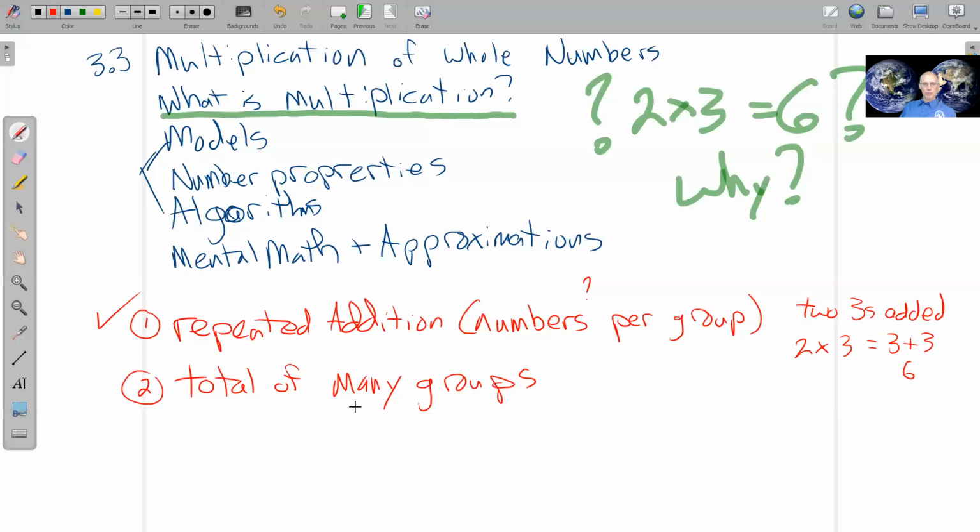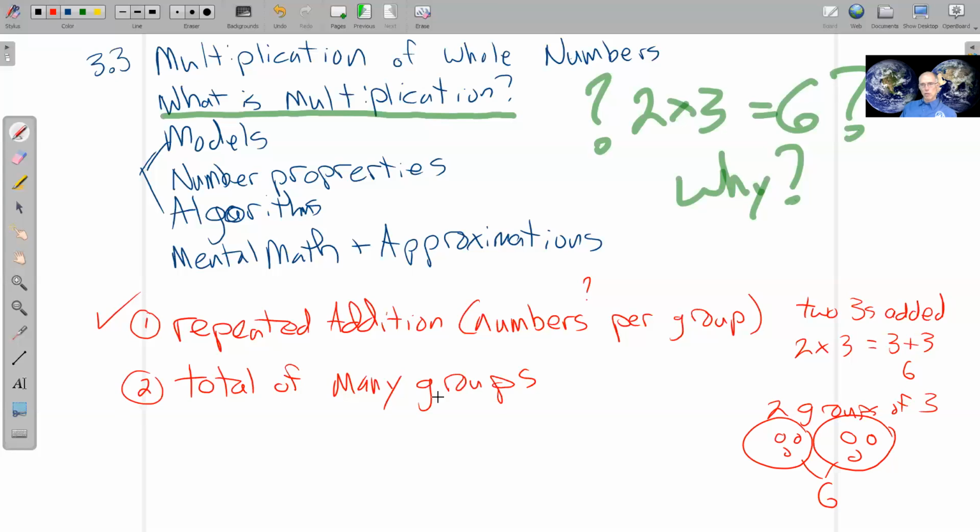Okay, I like that. Repeated addition. Numbers per group. Okay, so let's see. Would that be like there's 2 groups of 3? So here's a group of 3. And here's another group of 3. Altogether, that's 6. Okay.